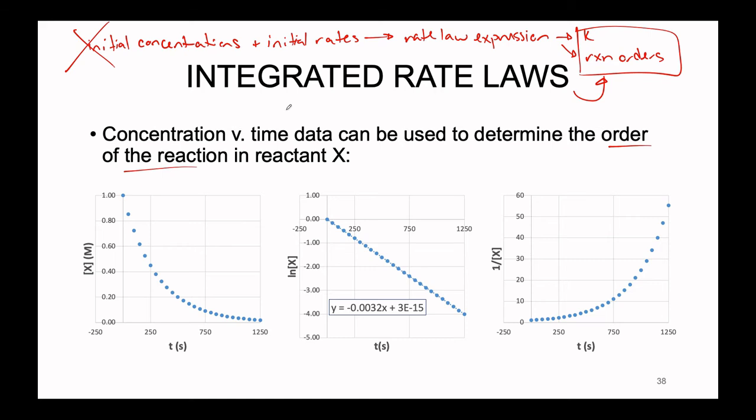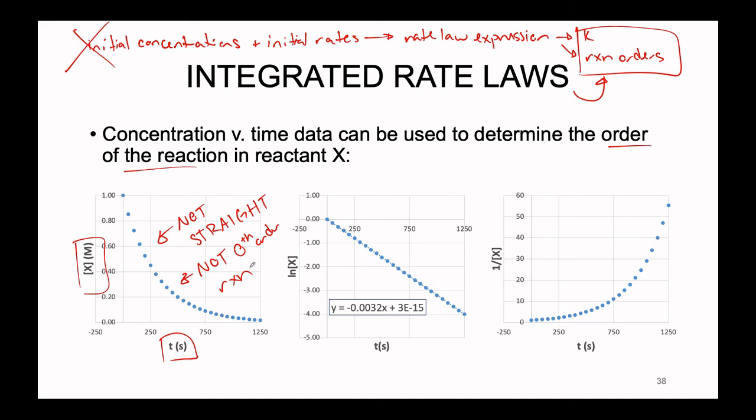For instance, if we just have concentrations and plot them versus time, which is what is represented by our graph here on the left, concentration in molarity versus time, we can see that this line is not straight. Since this line is not straight, it means that we are not working with a zeroth order reaction.